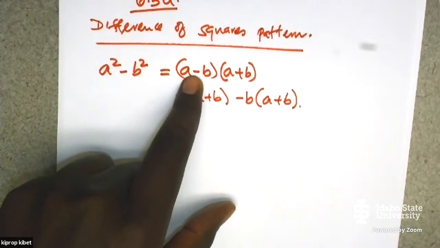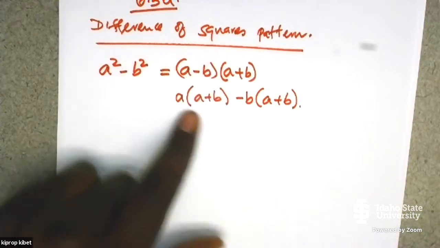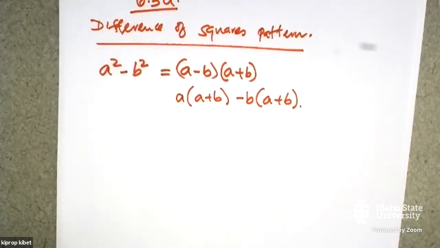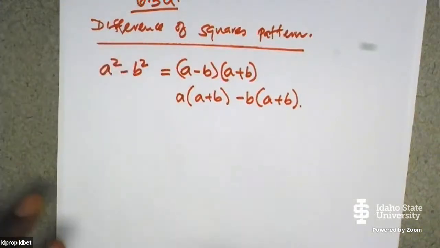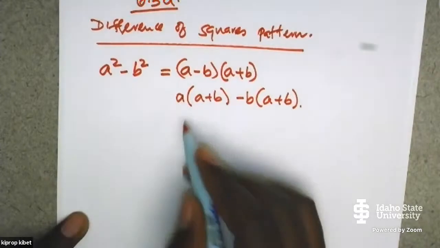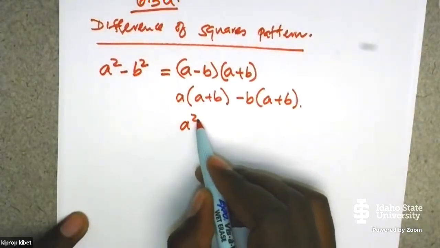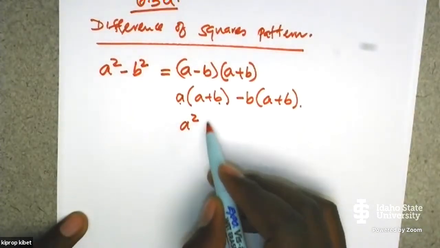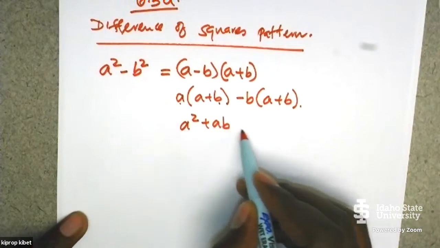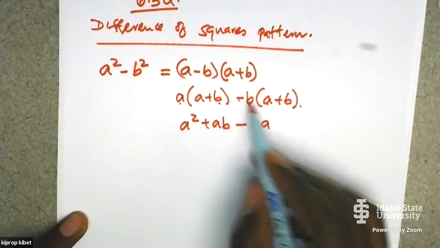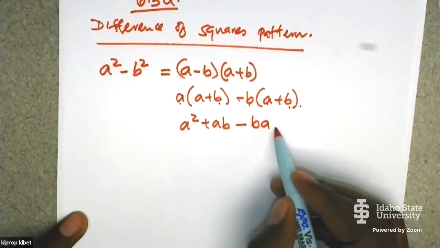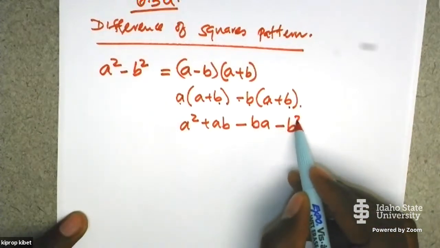Now we want to expand it and see whether we get a squared minus b squared. When we open these brackets, this is a squared, plus ab minus ba, minus b squared.